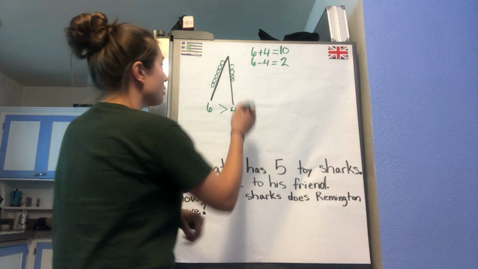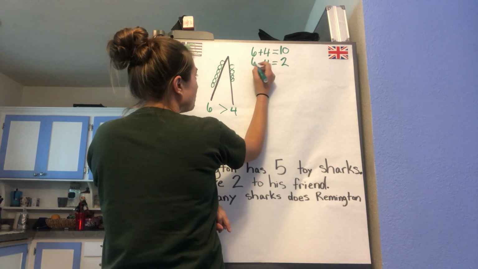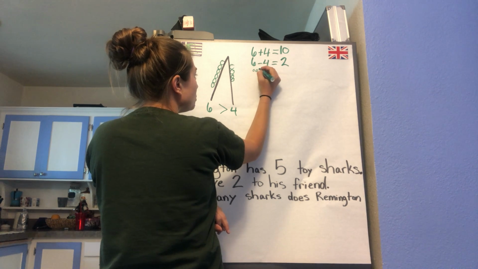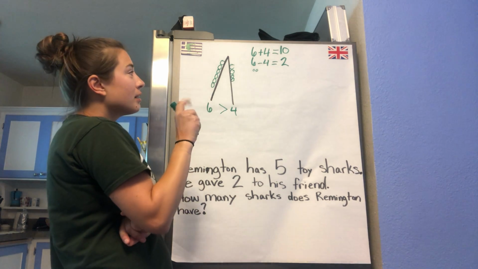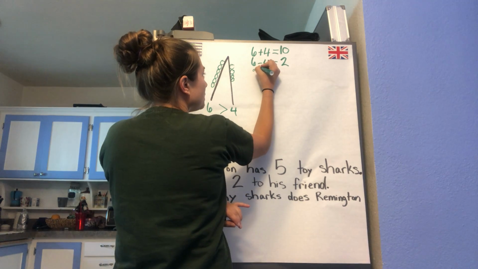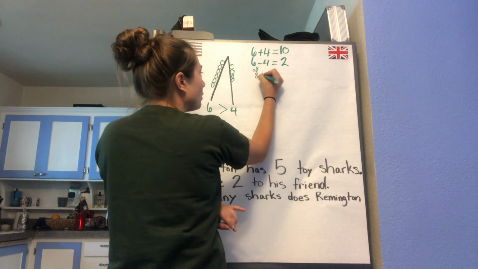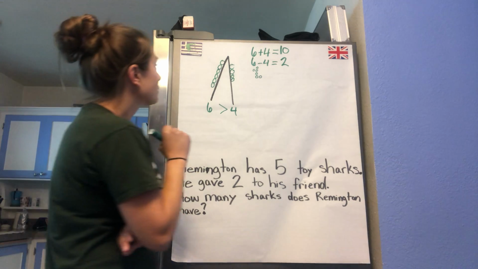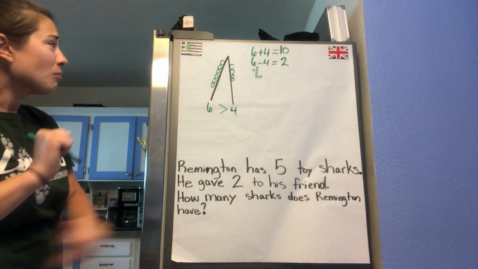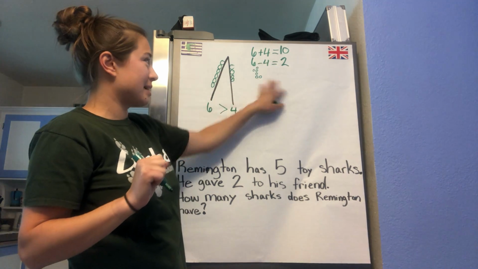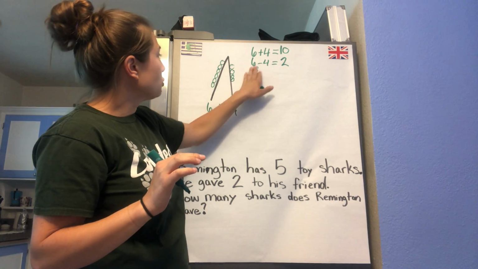So just like the dots on the die, I'm going to draw a picture. I'm just going to make circles. I'm going to make them in a different way than the dice. 1, 2, 3, 4, 5, 6. The equation doesn't tell you which ones to take away.